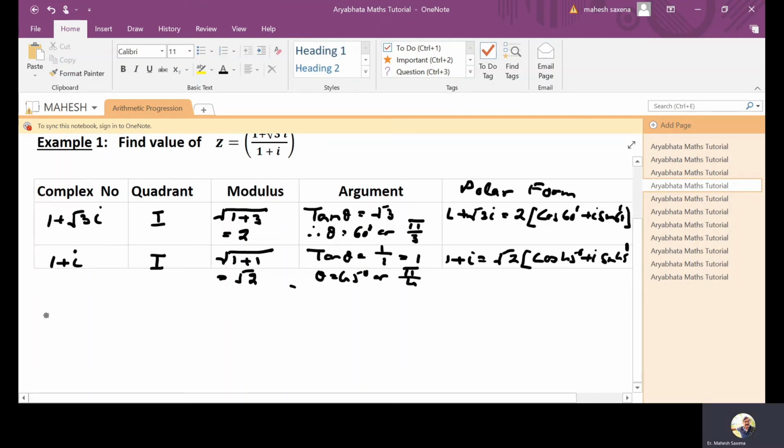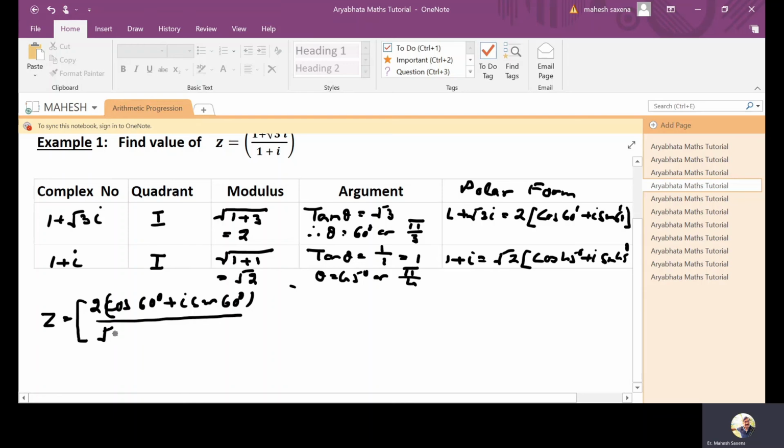Therefore, z can be written as z is equal to 2 (cos 60 degree plus i sin 60 degree) upon root 2 (cos 45 degree plus i sin 45 degree) whole to the power 10.